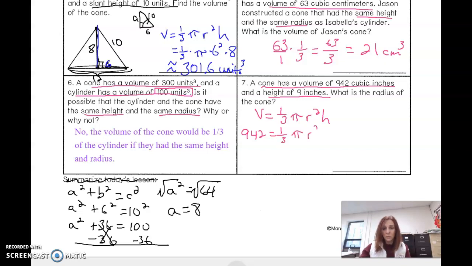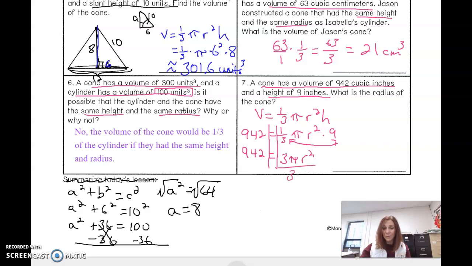We know that the height is 9. So let's simplify each side. We can multiply in any order. So I can basically say, what's 1/3 of 9? Well, 1/3 of 9 is 3. So I have 3 times pi times the radius squared.